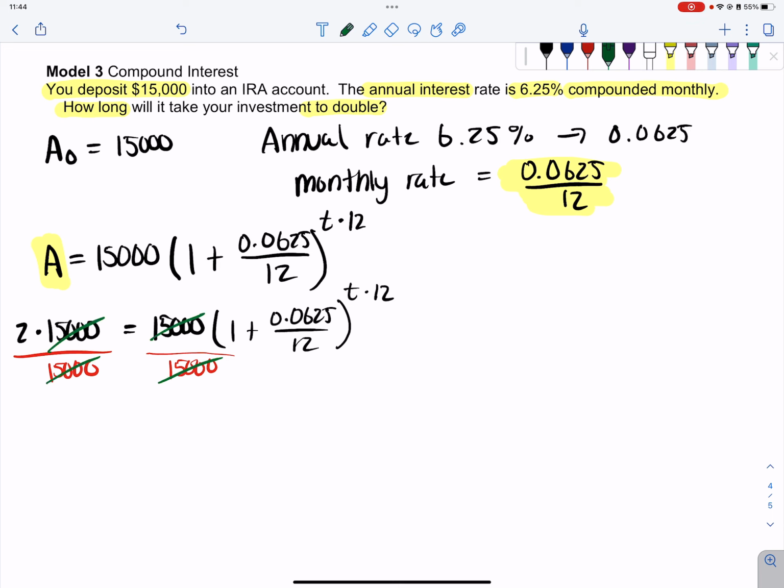So whatever you have for your starting amount, it should just end up canceling out anyway, and it doesn't actually matter. So now this is going to give us the equation 2 is equal to 1 plus 0.0625 over 12 raised to the t times 12.